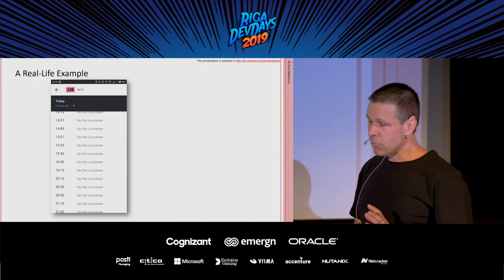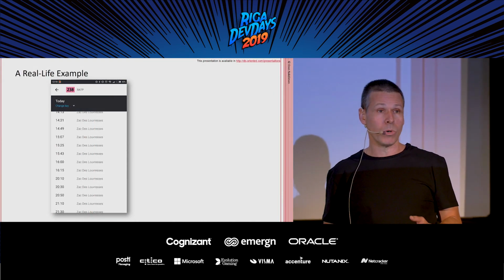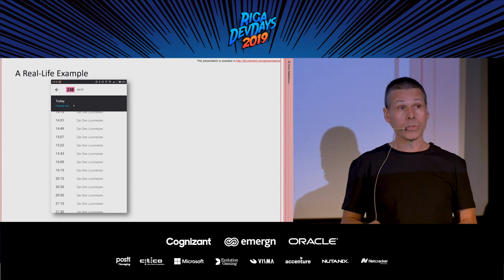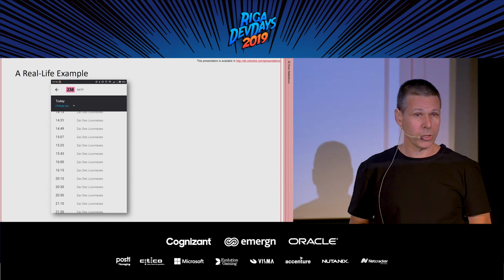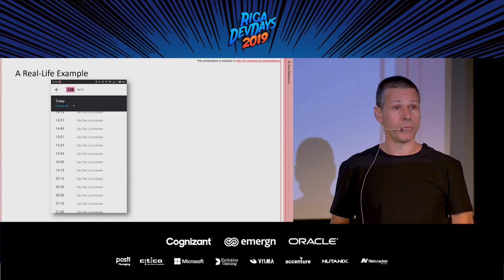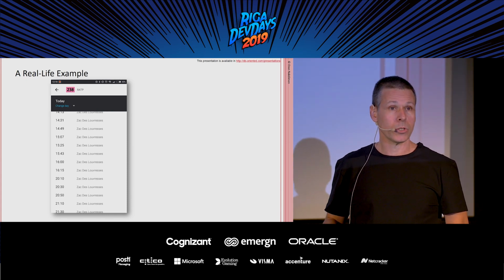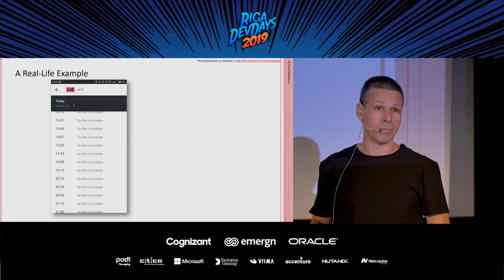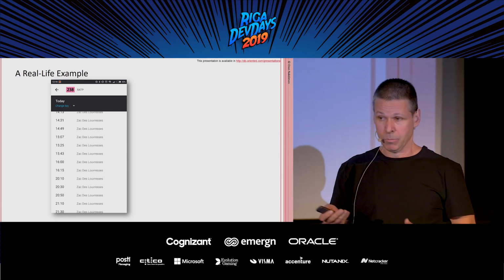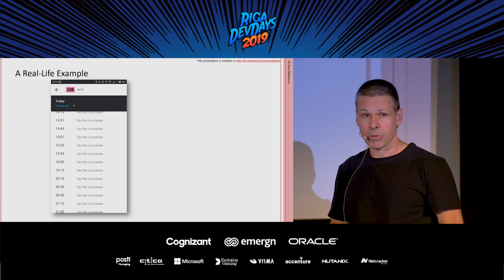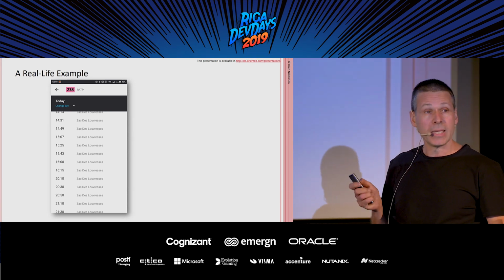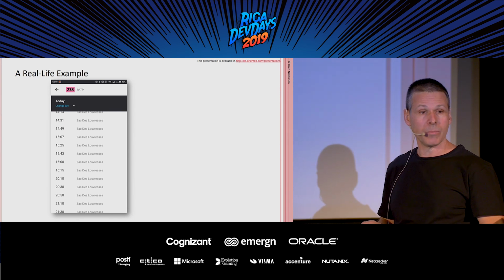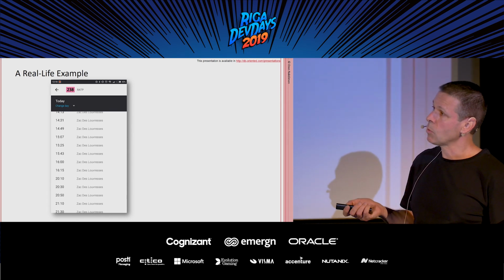I'd like to give you one real-life example where I found match recognize really useful in my work at MoveIt. MoveIt is an application for public transportation, and one of the basic features is showing all the departure times of a specific line, bus line, train line, underground, ferry, any means of public transportation. But if there are many departures for the same line in the same day, this list becomes quite long.